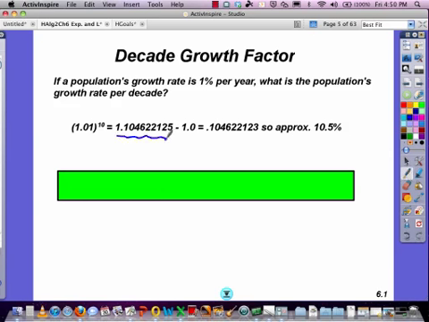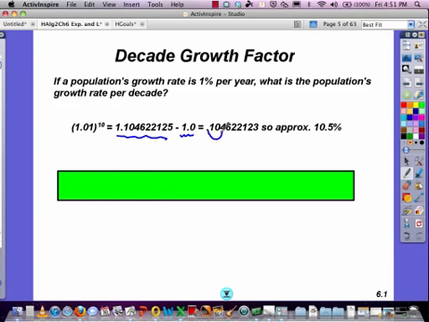But then you have to go back and take off that original amount that I would have invested, which, again, we didn't have a value on this one, but that would give you the 0.104622123 decimal.